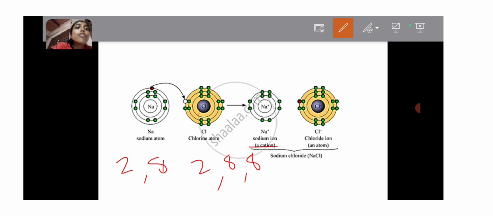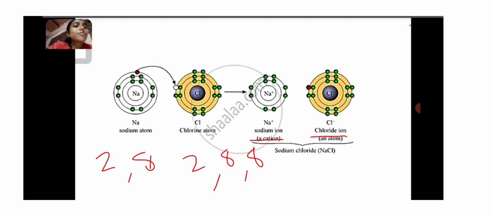And the chlorine atom accepts 1 electron from sodium and becomes a chloride ion. So when a sodium atom loses 1 electron, it becomes a sodium ion, and when a chlorine atom attains 1 electron from sodium, it becomes a chloride ion.